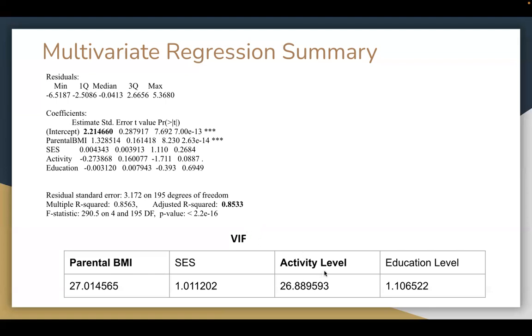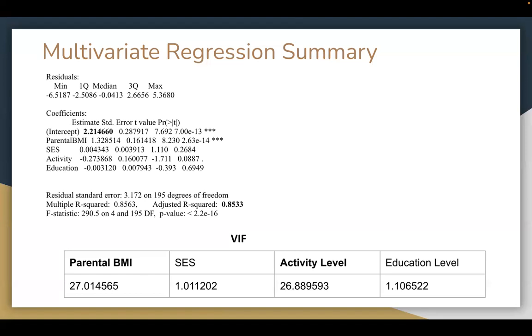We can see here that the activity level, right over here, is not a statistically significant factor on its own, and it might be suffering from either collinearity or an outlier that might be influencing our data. So I did go ahead and plot activity level as a predictor on its own, and it turns out that on its own it is a significant predictor.